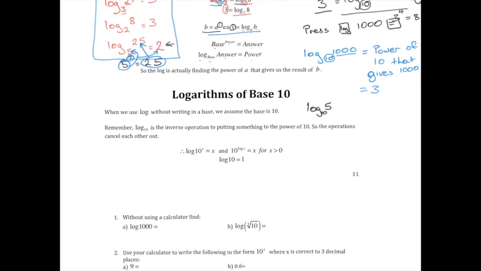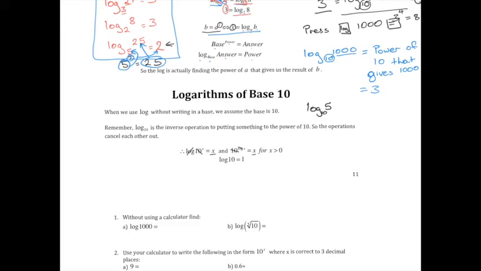So the operations cancel each other out. So, for instance, log of 10 to the x, the log and the 10 cancel each other out, and you're just left with x. It also goes the other way. If you've got 10 to the power of log x, the 10 and the log cancel each other out, and you're just left with x. And this works for x bigger than 0. We'll talk about that later when we look at the graph in more detail.